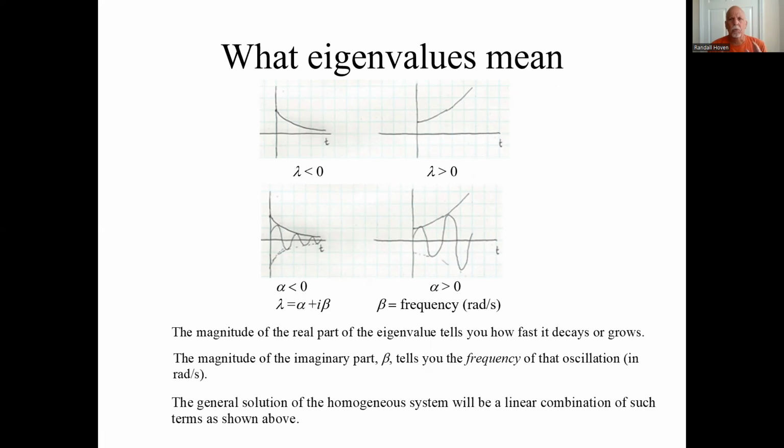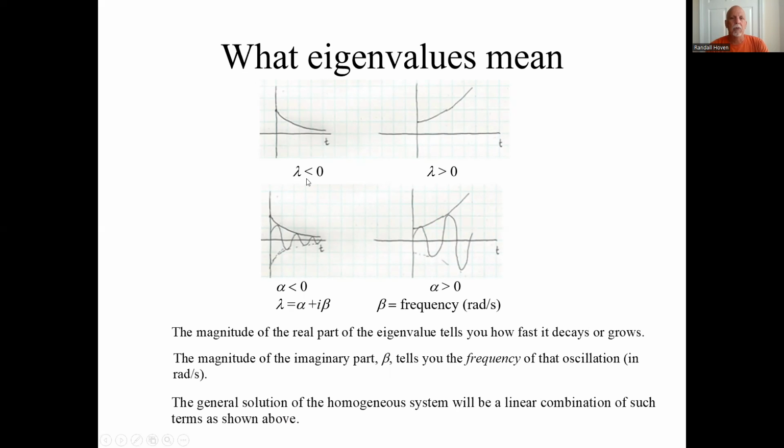One last little chart to wrap up some of this. What do the eigenvalues mean? You might hear somebody say the eigenvalues of a system. Well, they tell you the behavior of the system, or at least parts of the system. The solution to the whole problem is going to be a linear combination of terms. And those terms are going to be some kind of exponent or some kind of oscillation in an exponential envelope.